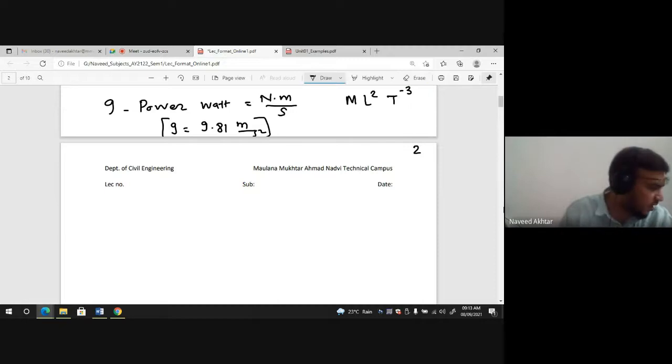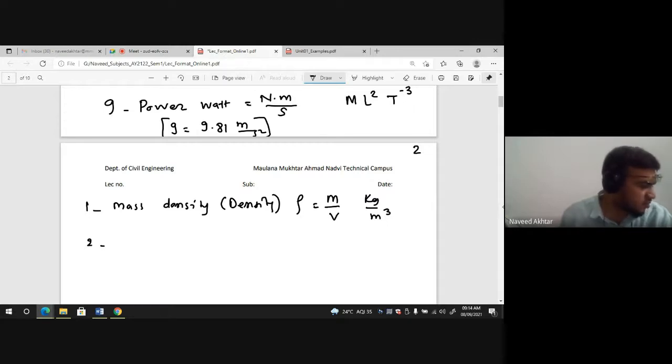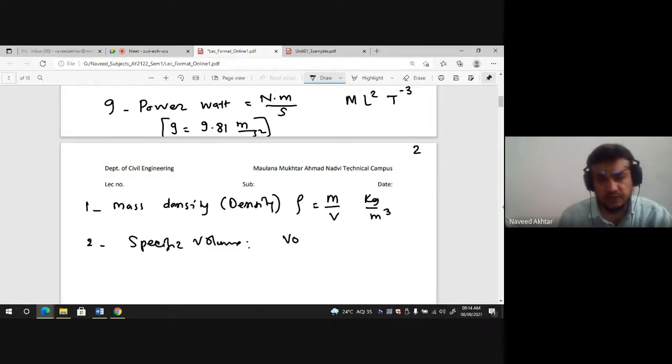Formulas for the first unit: you have seen the density, mass density, or simply density. It is denoted by rho. Rho is equal to m upon V, and its unit is kg per cubic meter. Number 2, the specific volume is nothing but volume per unit mass.